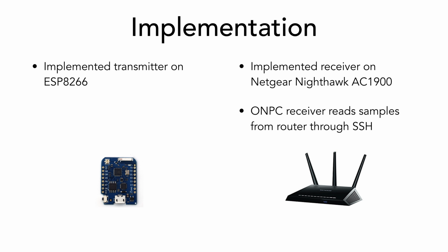Why I say that is because we just went from the stock firmware of the access point and we flashed DD-WRT. We installed that on this access point here. So we did change the firmware, but we didn't change anything specific to ONPC. And so I still feel like we were able to accomplish our goal of not changing the firmware at all, because we did switch firmwares, but we didn't change the firmware specific to anything ONPC related. It's just still a firmware.